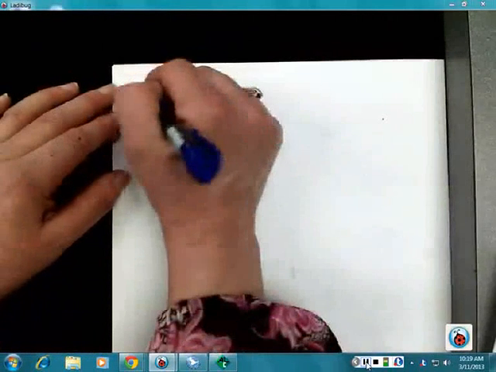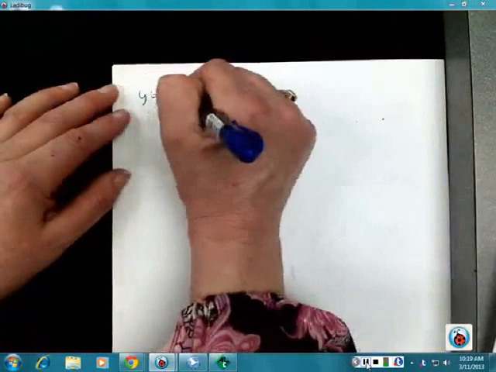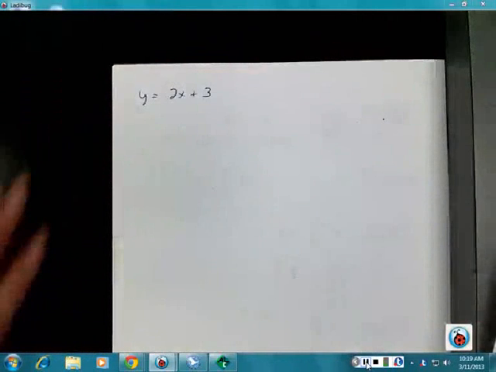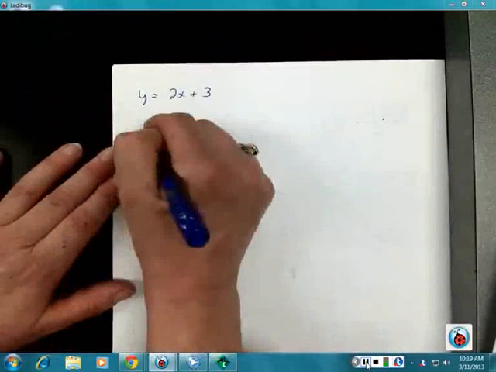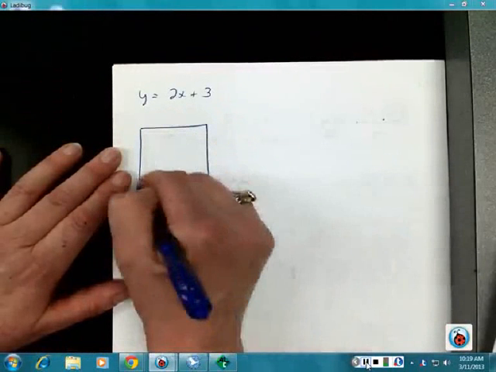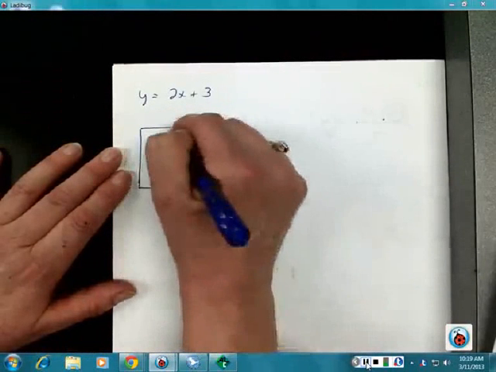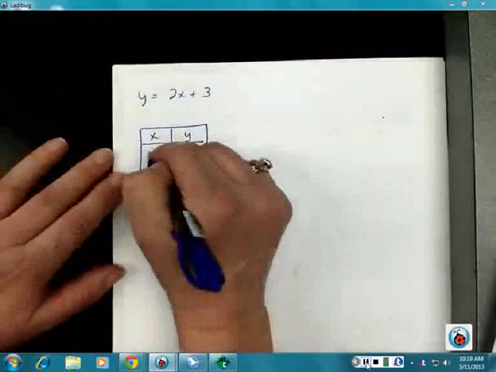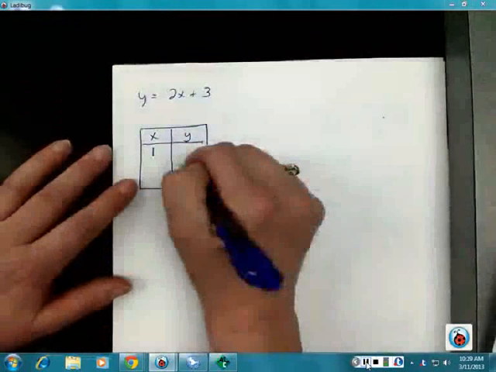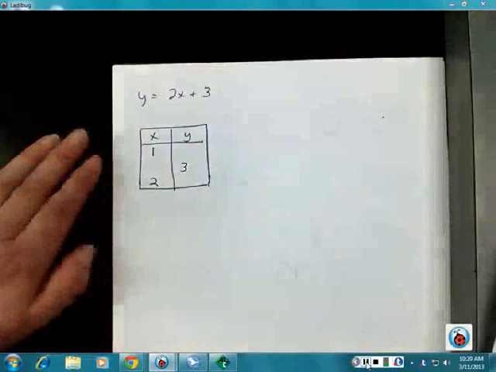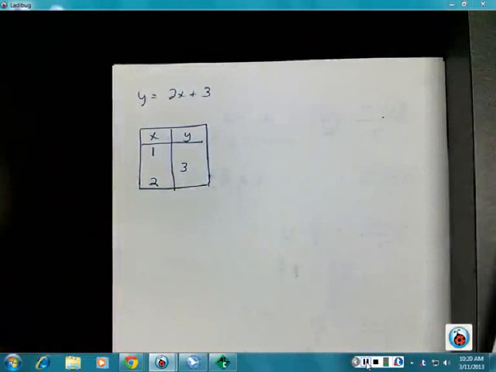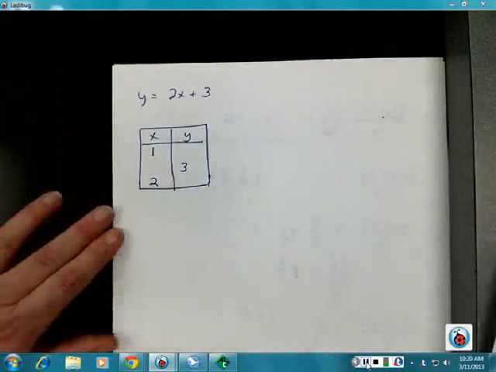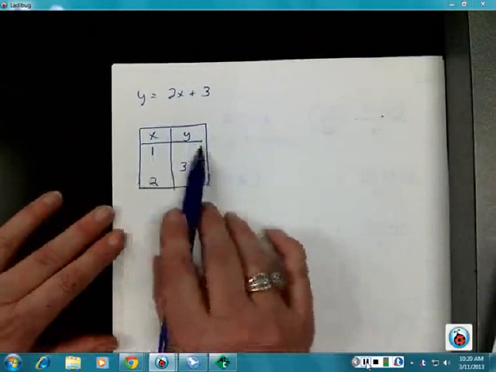Okay. Another that they do might give you another equation, y equals 2x plus 3. In this one, they sometimes give you a chart in Hawks, and in that chart you will have x's and y's, and they may give you x is 1, y is 3, and x is 2, and ask you to solve that equation and figure out what your answers would end up being that you would plug in here to represent your different spots.